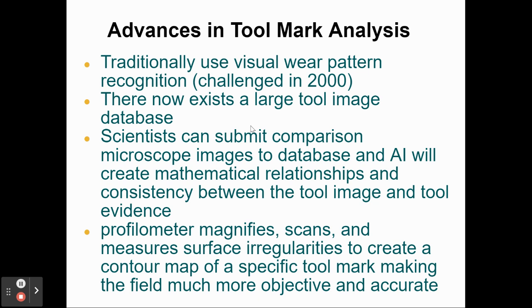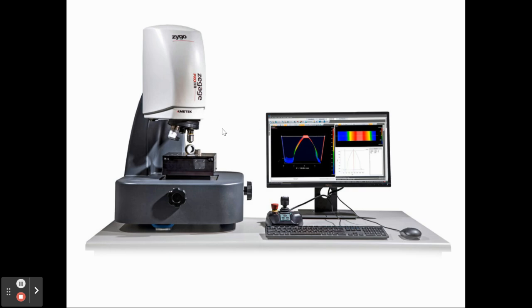So again, creating a lot more objective measurements and things that can be repeated over and over again. So this is a profilometer that I was talking about just a second ago. I'm not familiar with it directly, but you could see how it's able to determine what the shape of a particular material is.